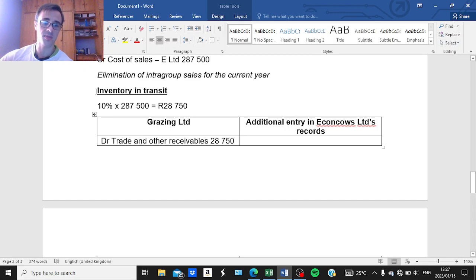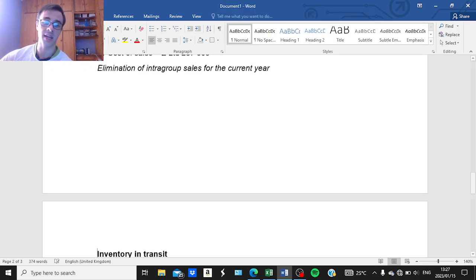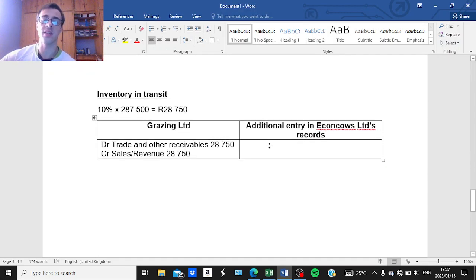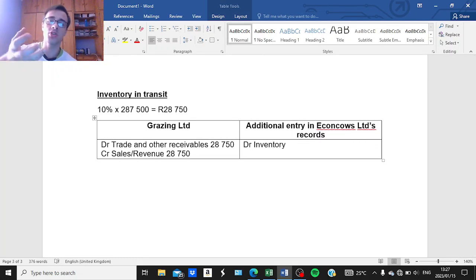Okay, so this is the adjustment that we need to make: we need to debit inventory because the ownership has already passed to Econ Cows Ltd. So therefore we need to include it as part of its closing inventory, so as part of its inventory at the 31st of March 2020, even though the inventory has not been received yet, the ownership has already passed.